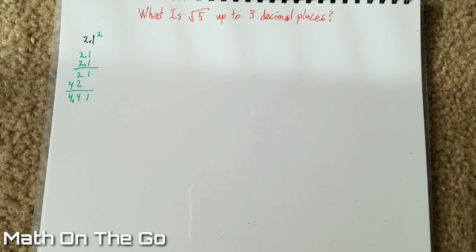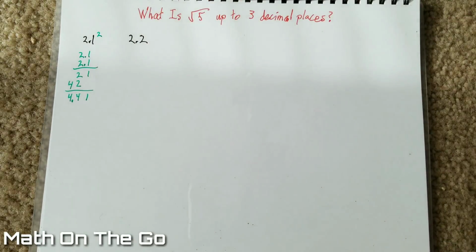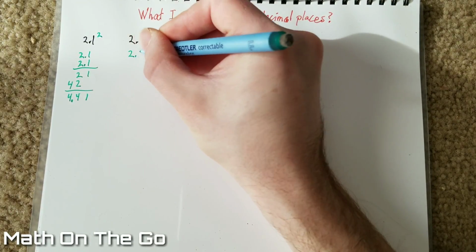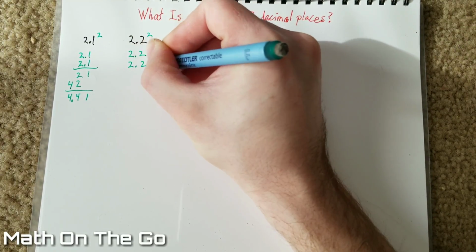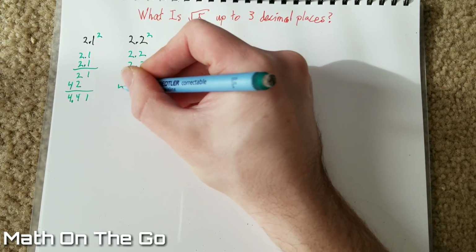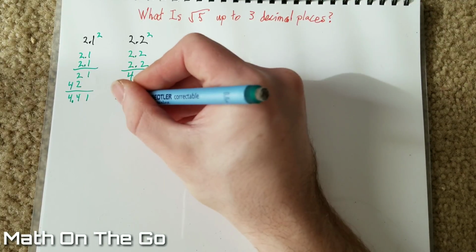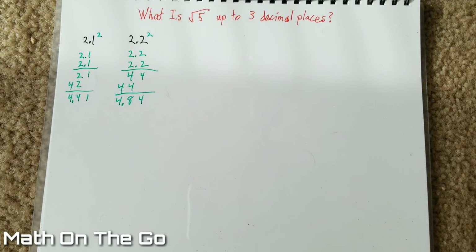So let's try 2.2 squared. 2.2 times 2.2 gives us 4.84. Okay, that's even closer. So let's see, can we go any higher?